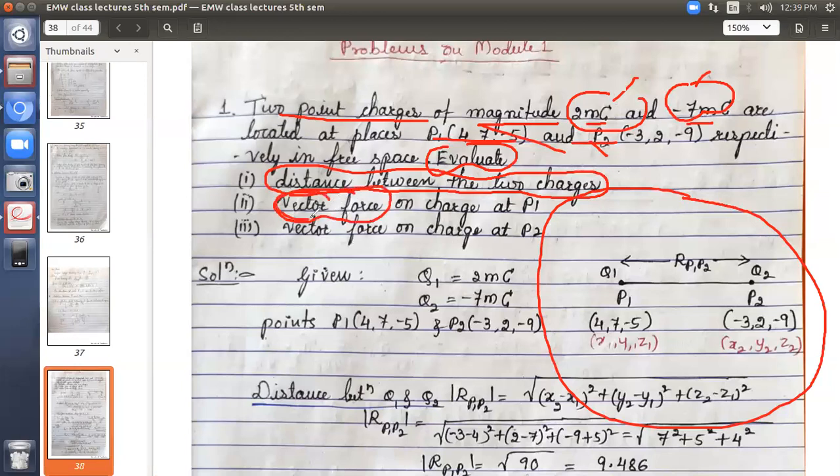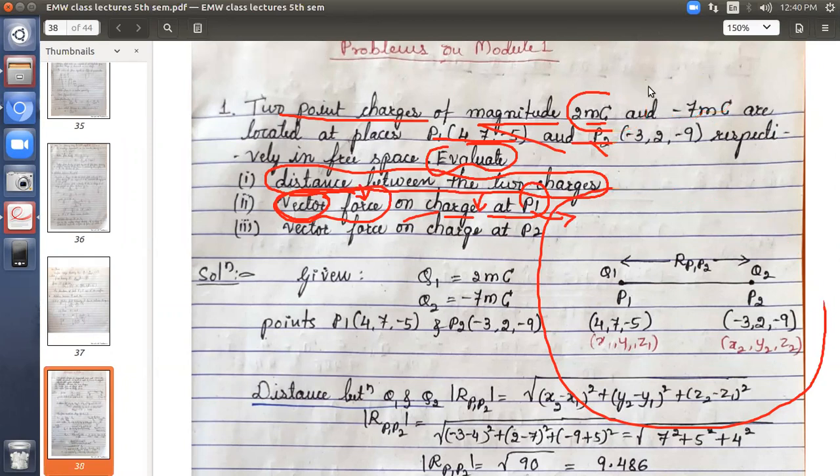The given is a vector force. Obviously force is a vector quantity, it needs direction to be specified. So hence it is the vector force on the charge at P1. If person P1 is in the space, on that person, how much amount of force is being applied?